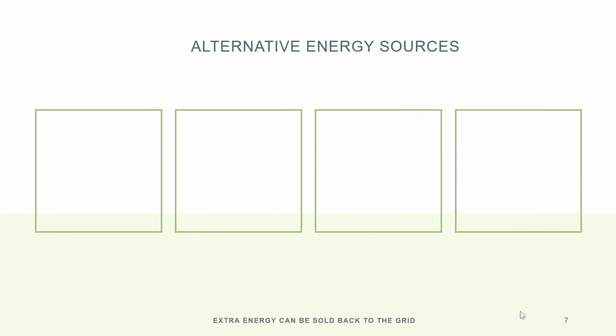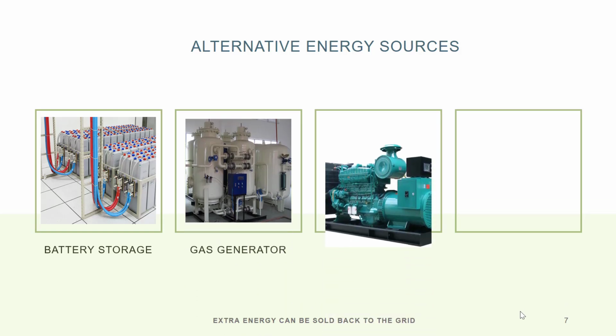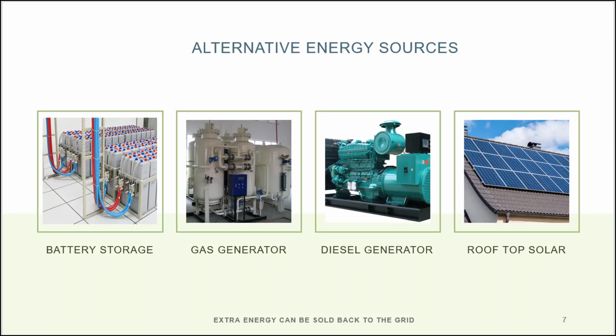The third element is energy cogeneration by the hub: inverters and battery storage systems, gas generators, diesel generators, rooftop solar, and feeding of excess cogeneration energy back to the grid by the hub.